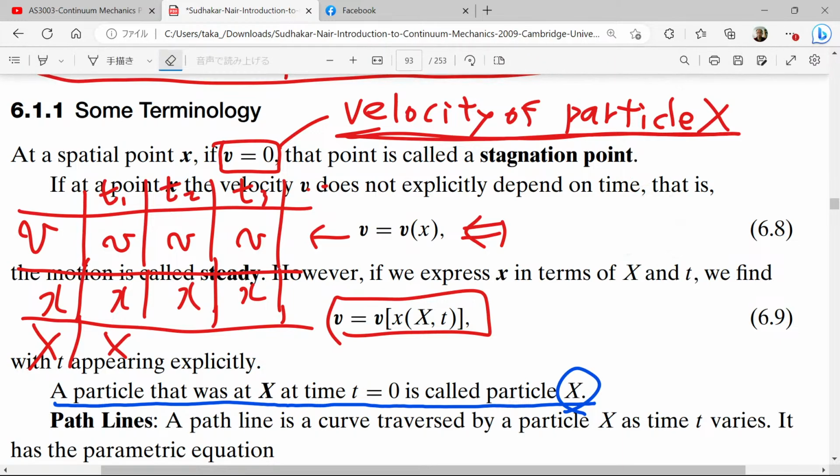This is like this one. I think this is misleading. In this case, this is velocity of particle. Let me see. X.